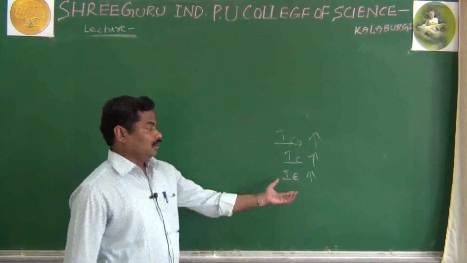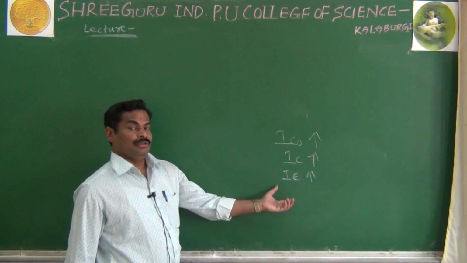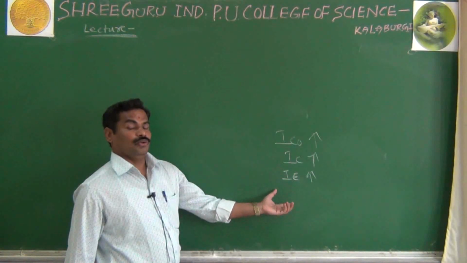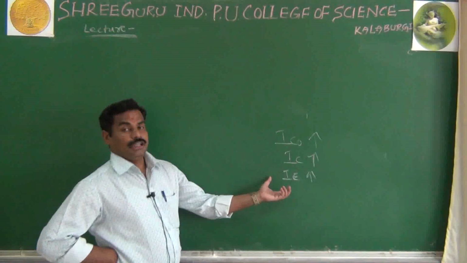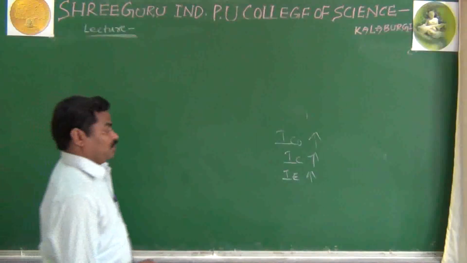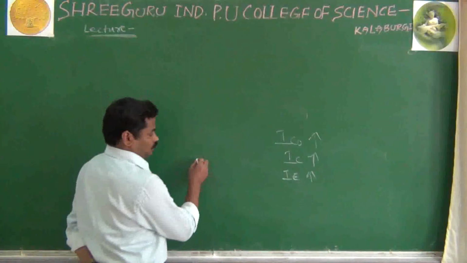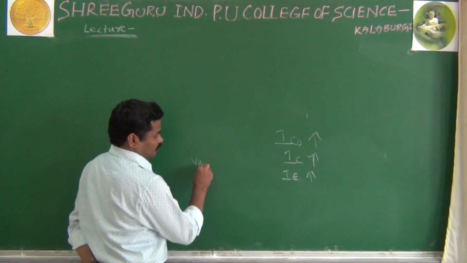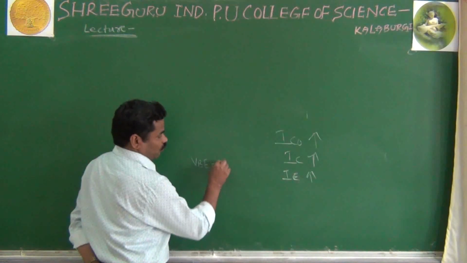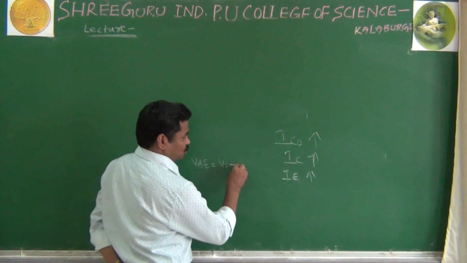Once the emitter current increases, that will increase the voltage across the RE. And as we know, if you apply KVL to the input section, VBE equals V2 minus VE.